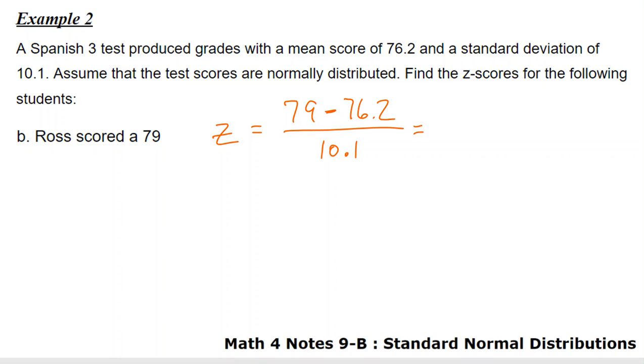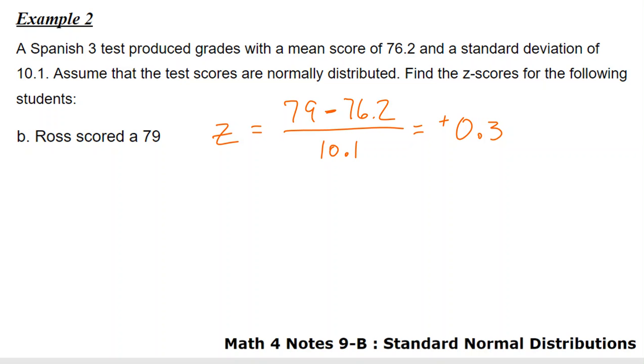As it turns out, you punch this into the calculator, and you should get 0.277 and some change, which we're just going to round to 0.3. Most of the time, you usually don't go more than one decimal place with z-scores. I'll do 2 decimal places later because the decimal actually stops there without having to be rounded.